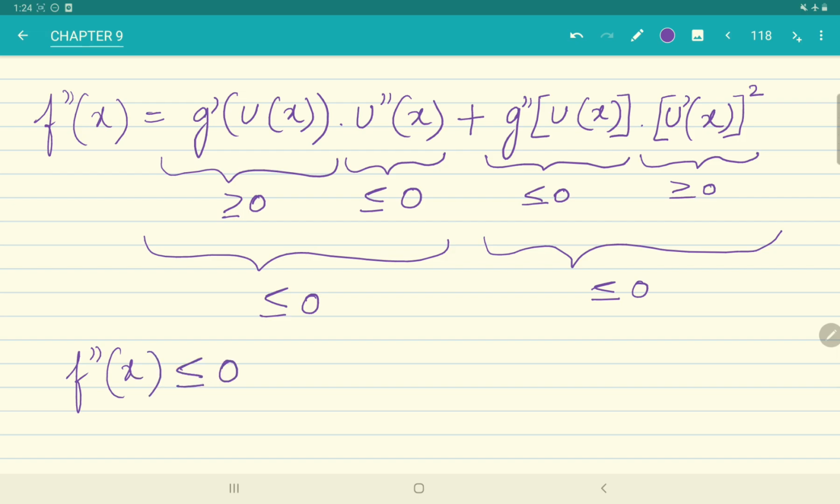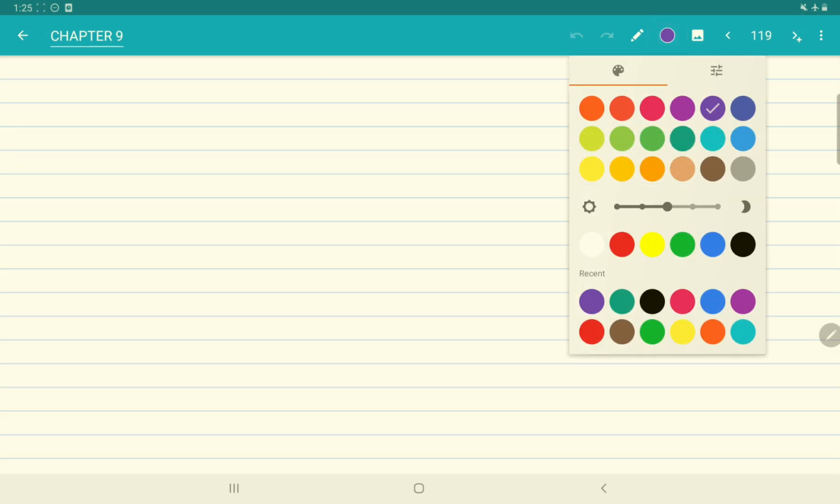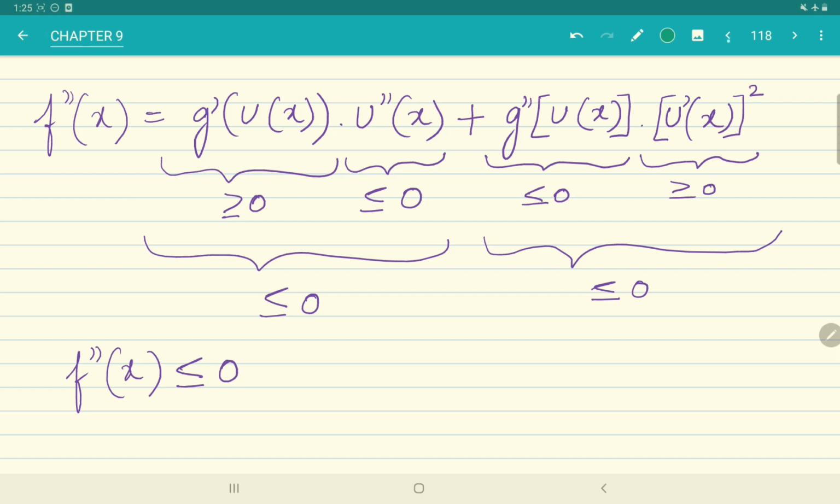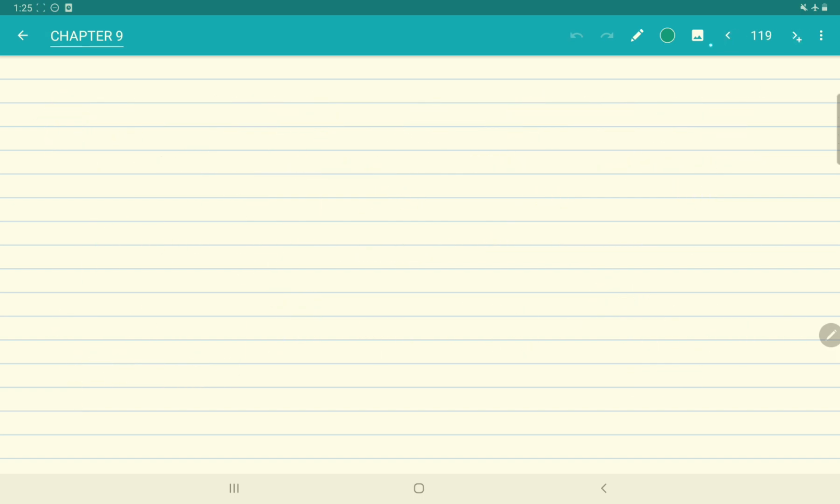And this actually gives us one very important conclusion, that if I have this composite function, which is f of x, which is u of x and then g of u of x, this I know is concave, and basically we started with a concave function which is u of x.